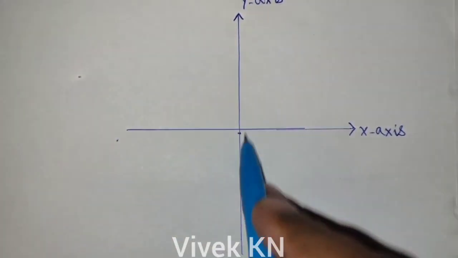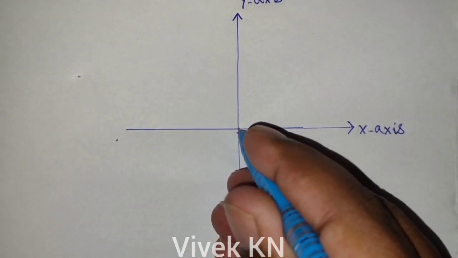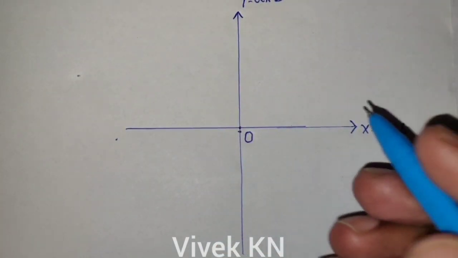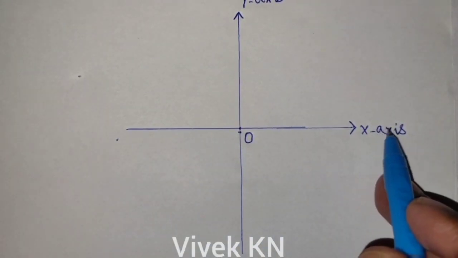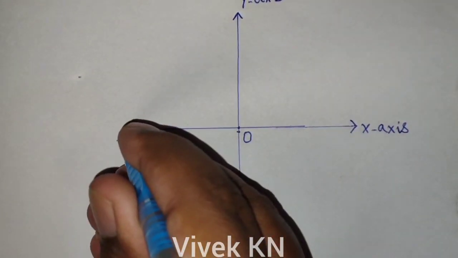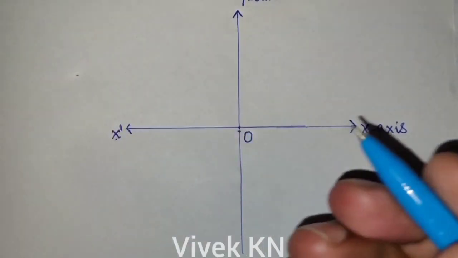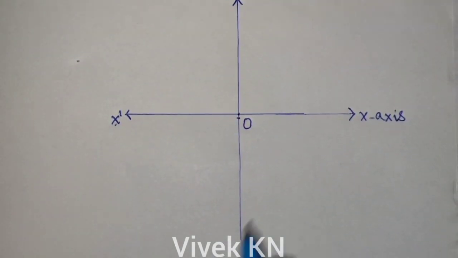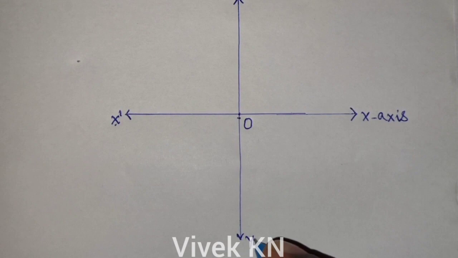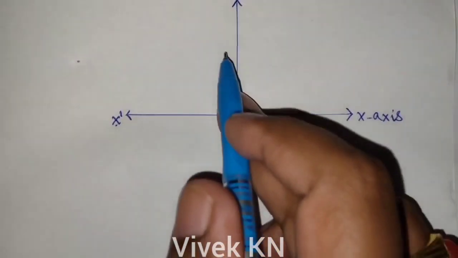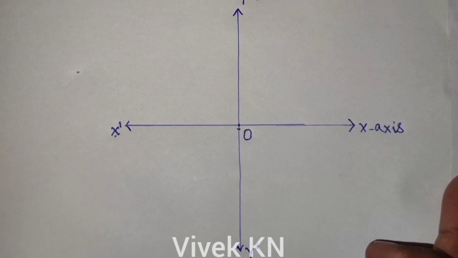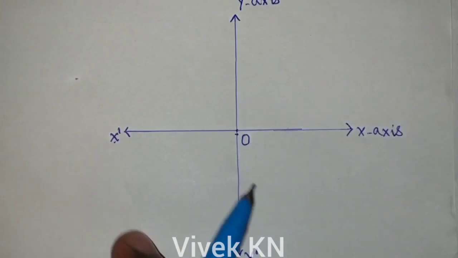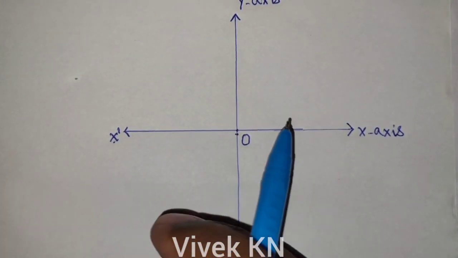Their point of intersection is called the origin. It is represented by O. The x-axis is named as X and X dash. Similarly, the y-axis is named as Y, Y dash. When these two axes are drawn on any plane, they divide that plane into four equal parts.